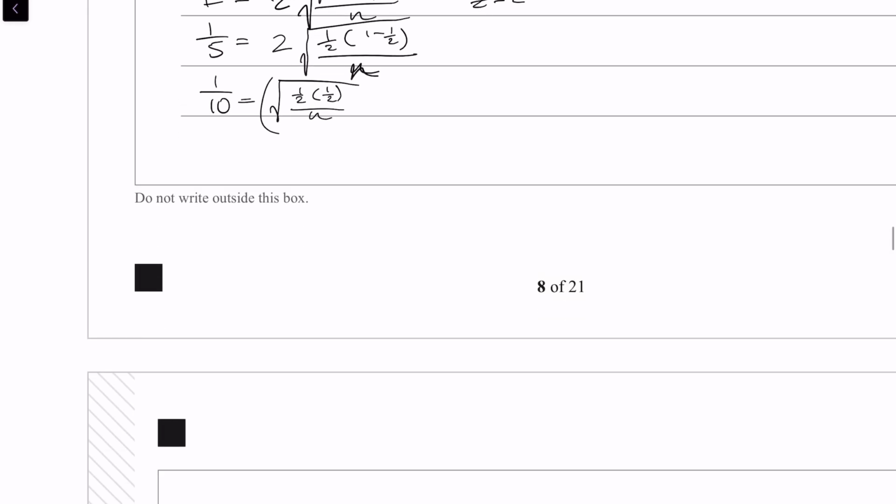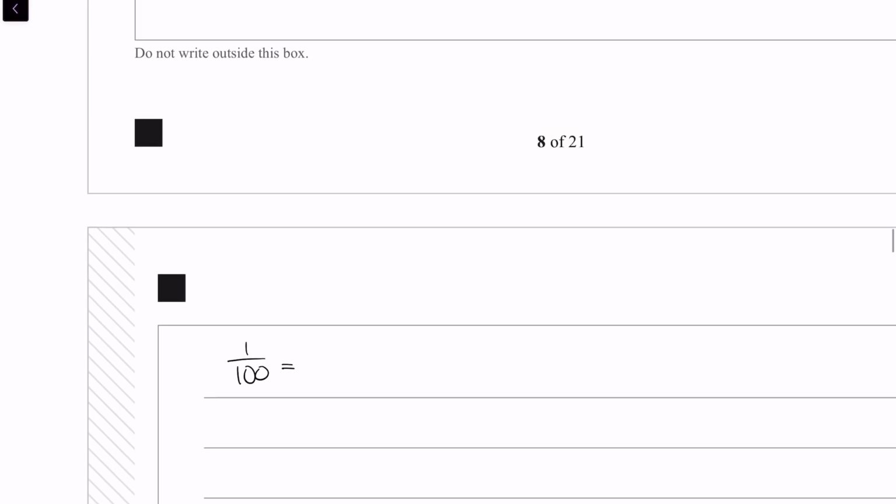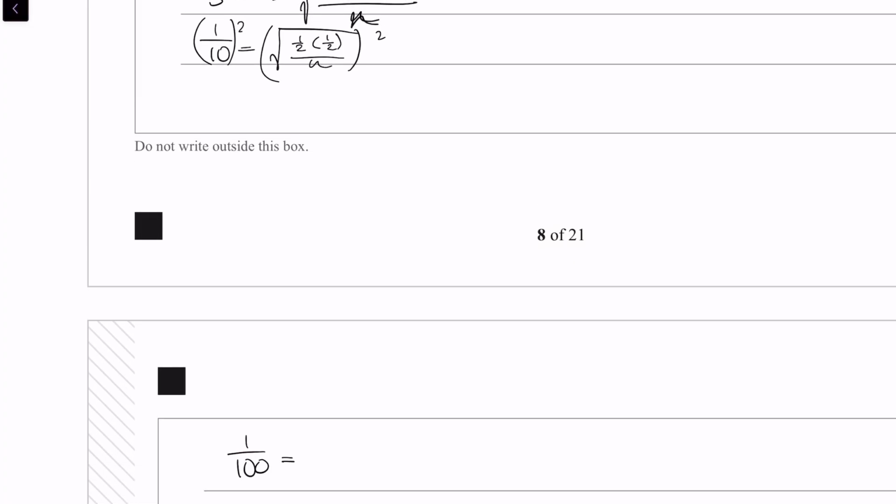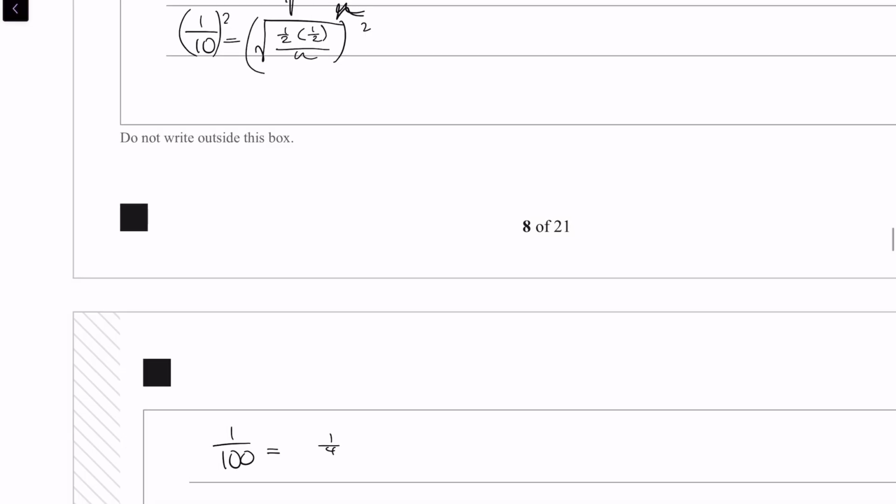Okay, so if I square both sides, then I can get rid of that square root, which is pretty annoying at the moment. So 1 over 100 equals, and just everything inside the square root now. So half times a half, I know that's a quarter, and then that's divided by n.